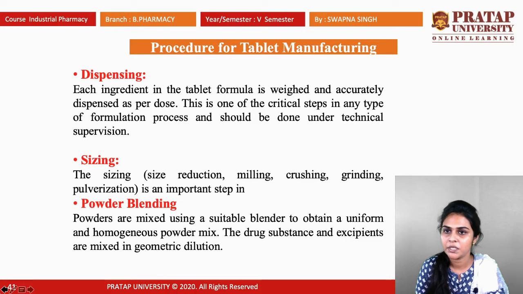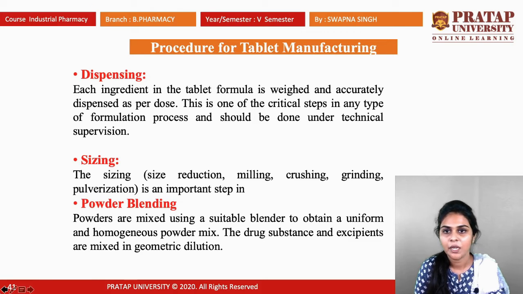The first one is dispensing. First of all, each of the ingredients used in the tablet formula is weighed properly and accurately dispensed as per dose. This is the most critical step in any formulation process and should be done under technical supervision.